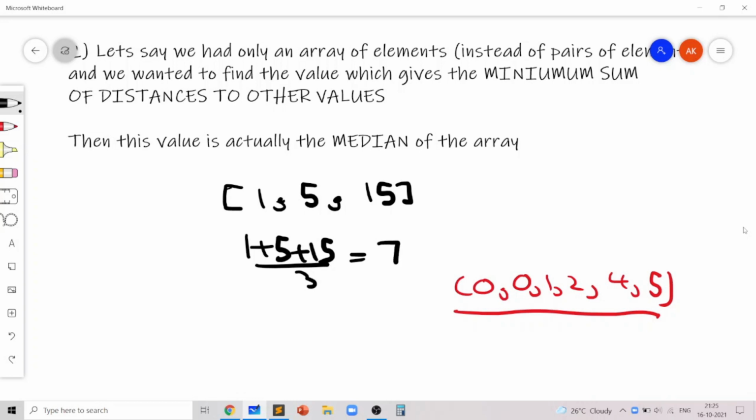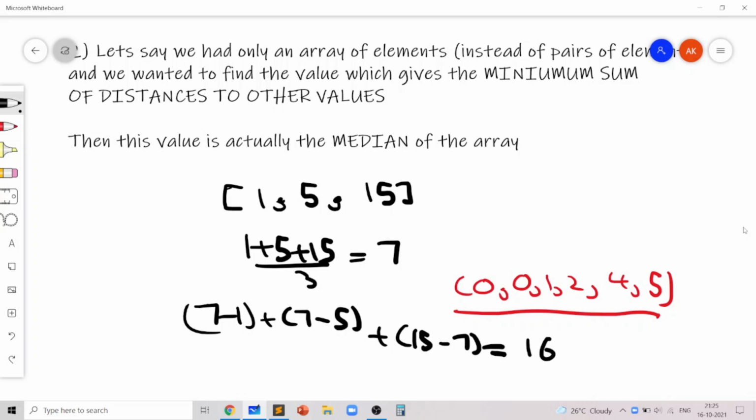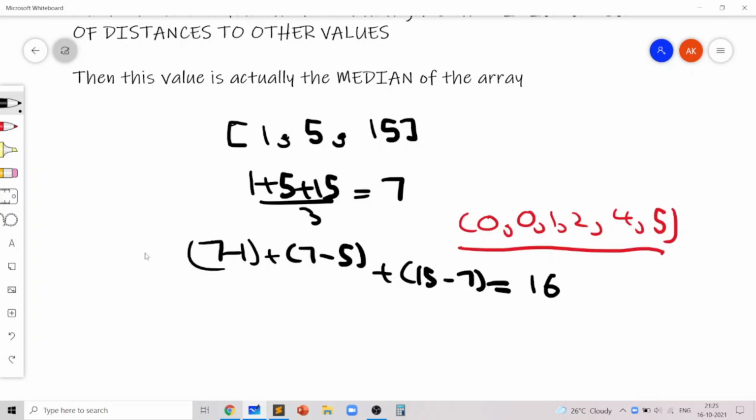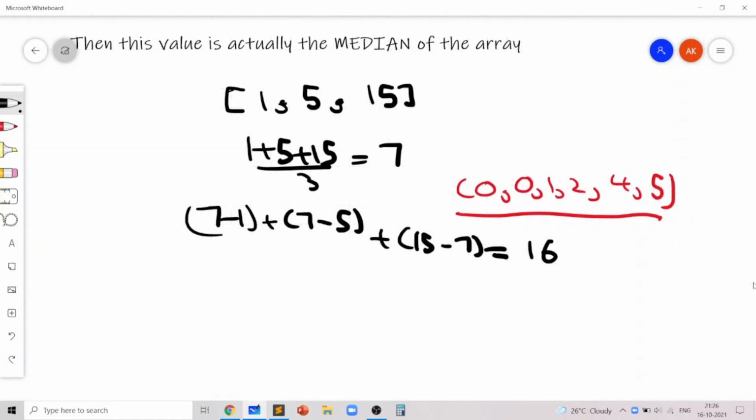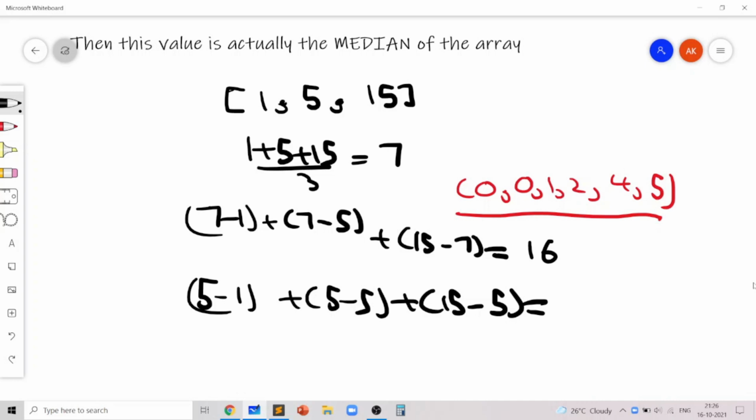But that is incorrect, because you can verify that the sum of distances is 7 minus 1 plus 7 minus 5 plus 15 minus 7, which is 8 plus 6 plus 2, which is 16. This doesn't minimize the sum, because if you take the value 5, which is the median, that's why I took 5: 5 minus 1 plus 5 minus 5 plus 15 minus 5, then the sum is actually 14.